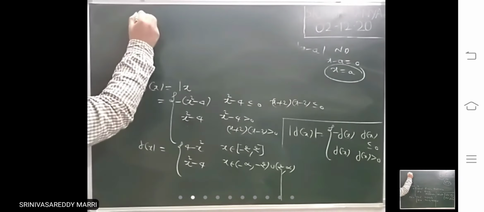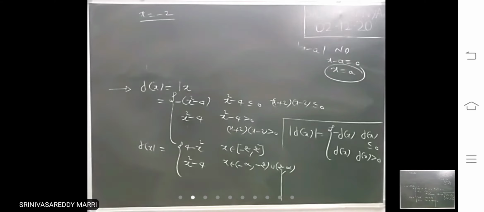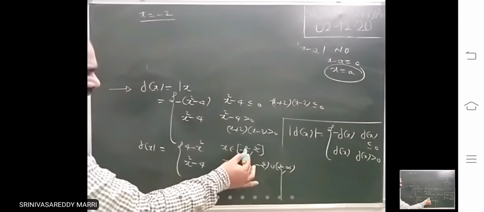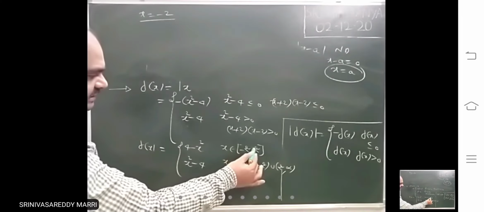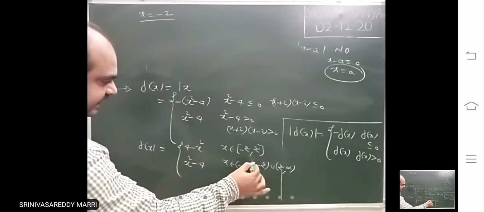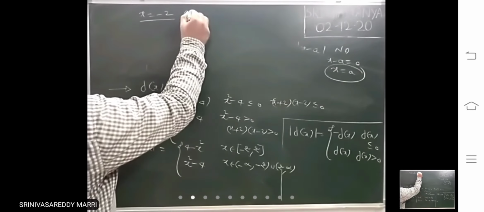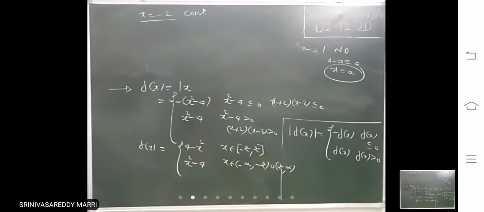Here the numbers are x equal to minus 2. First take x equal to minus 2. Check whether it is continuous or not. Right limit is 4 minus 4, which is 0. Left limit is also 4 minus 4, 0, and f of minus 2 is 0. For continuity, no problem. Continuous.